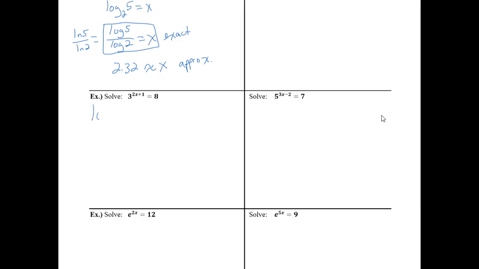So log, start with the base. The base is 3. Take the log of what this equals, which is 8. And that will equal the exponent, because logs equal exponents. So 2x plus 1.